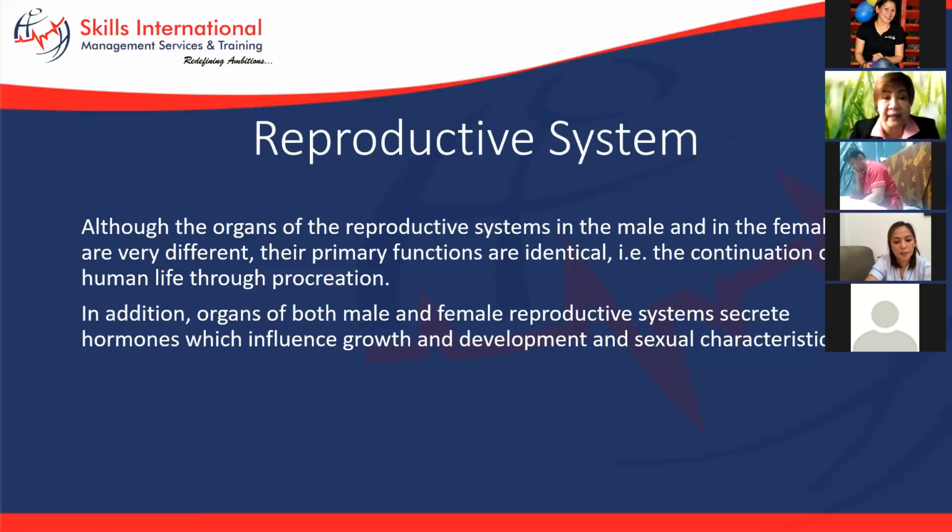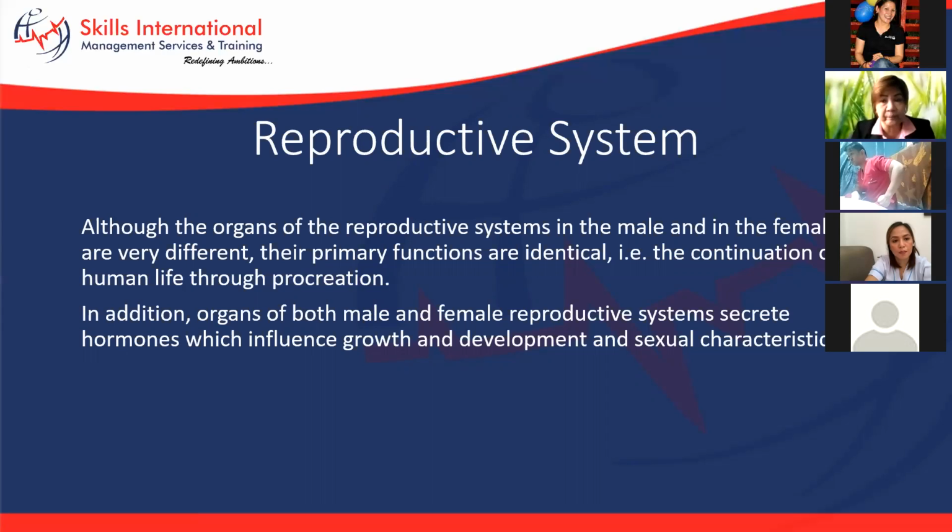And are very different. Pero they function the same. Identical ang function nila because for the continuation of the human life through procreation. So sila yung nakakabuhay ng tao. So continuation of human life through procreation.